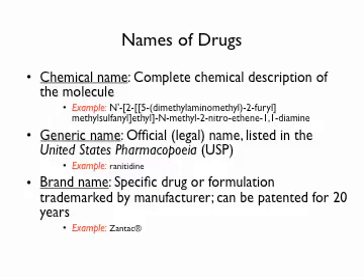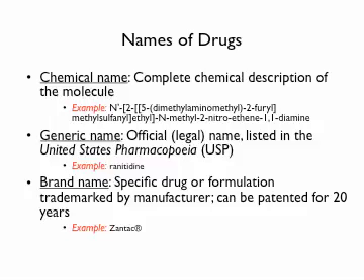So in the U.S., we have three names for each drug that is produced by pharmaceutical companies. The first is the chemical name, and these follow the international rules of chemistry for naming chemical compounds. For example, there's a chemical that's N2,5-dimethylaminomethyl 2-furyl-methylsulfonyl ethyl N-methyl 2-nitryl ethene 1-L-diamine.